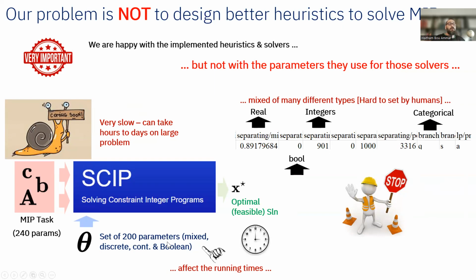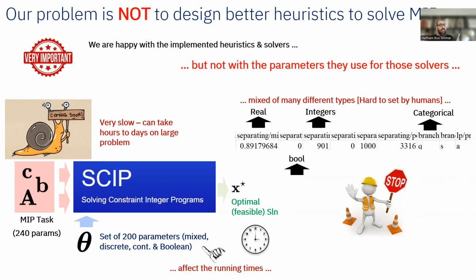There are about 200 parameters, mixed between discrete, continuous, and Boolean. Given those two, it will give you an x star, which is the optimal feasible solution of your MIP. So this SCIP solver takes an instance of your MIP and a set of hyperparameters, and then gives me the value x star.